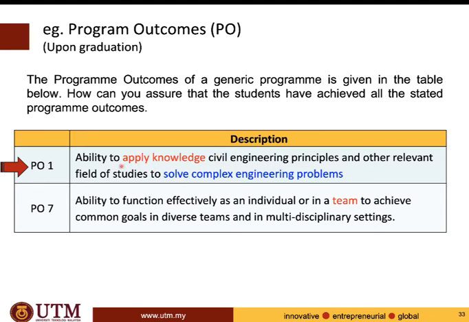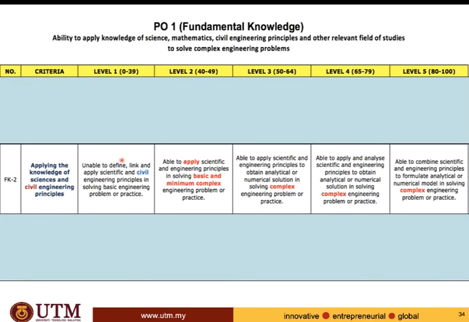Number one is PO1, ability to apply knowledge in civil engineering principles and other relevant fields of studies to solve complex engineering problems. Let me start off with the first one first, PO1. Now we need to set what we call the performance indicator.